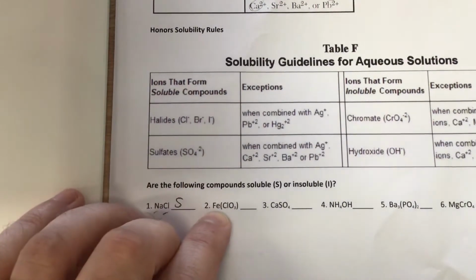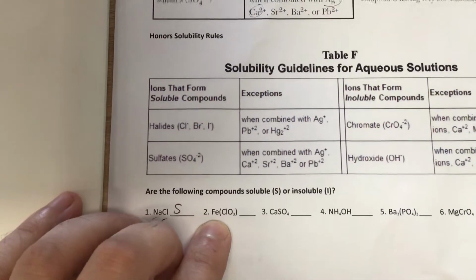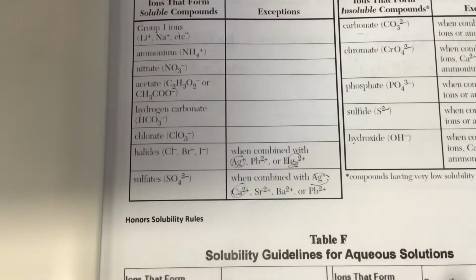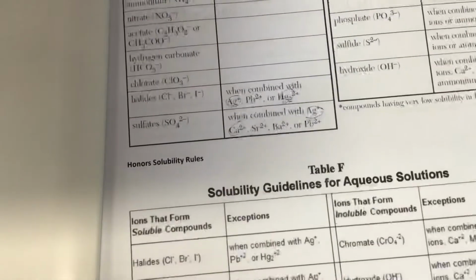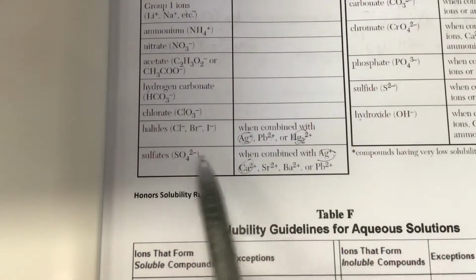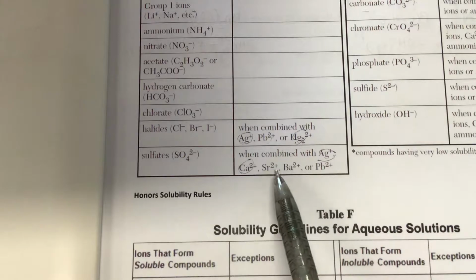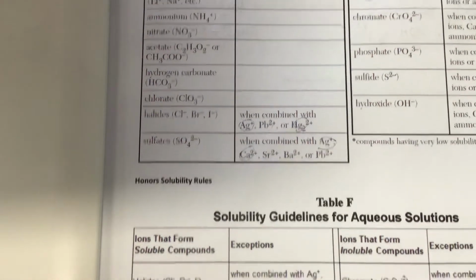This is iron chlorate. Chlorate, if we go back up here, it says chlorates, no exceptions, are soluble, so soluble. Calcium sulfate. Okay, sulfates, generally soluble, except when we've got calcium, it's insoluble.